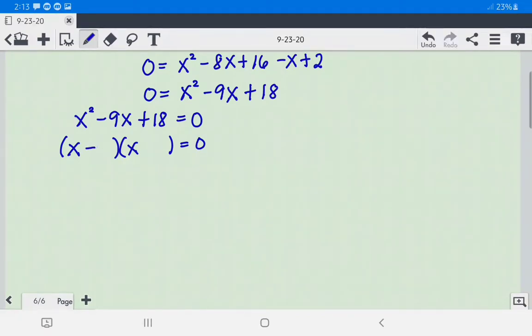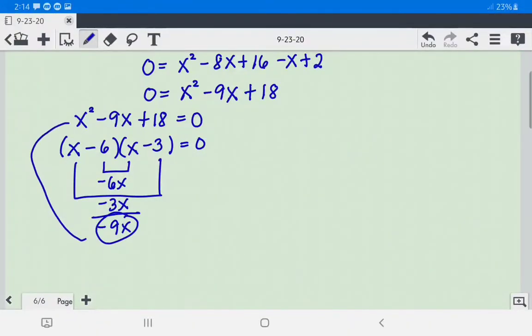Let's say negative 6 and negative 3. So we have negative 6 times negative 3, we have positive 18. Let us multiply first. Negative 6 times x, we have negative 6x. x times negative 3, so we have negative 3x. Add it, we have negative 9x, which is the middle term.